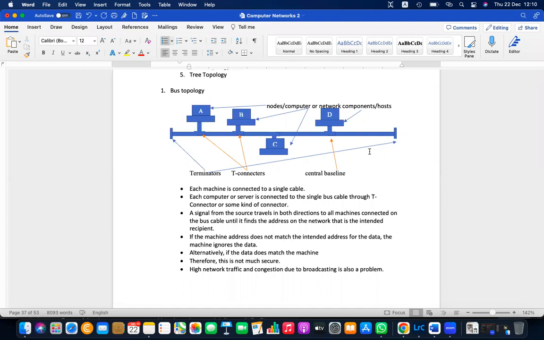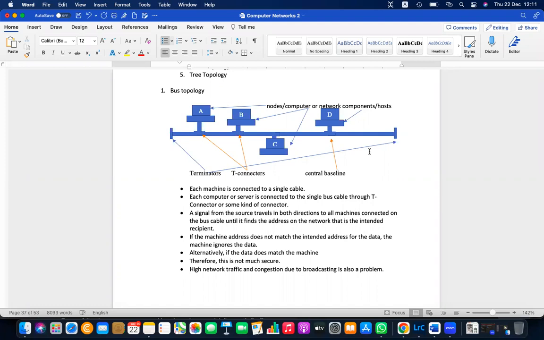A, B, C, D, all are notified: hello guys, there is an accident. Please wait some random amount of time and then start sending data. Everyone is given a random amount of time. Let's say A is given 2 milliseconds, B is given 10 milliseconds, C is given 15 milliseconds, and D is given 7 milliseconds. All are given a random waiting time after the collision happened.